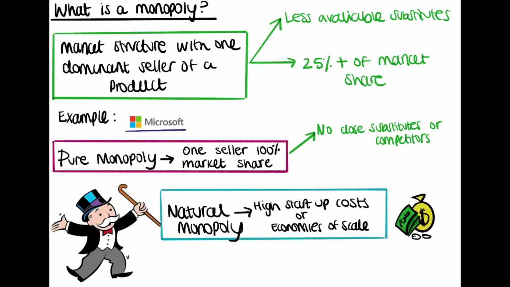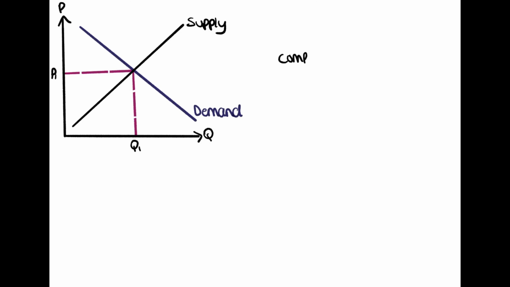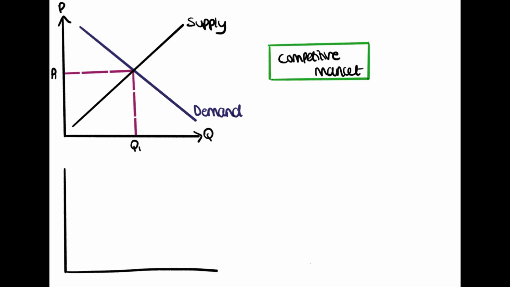Another characteristic of natural monopolies is the presence of economies of scale. And this is the idea that as output increases, average cost actually begins to fall. Now, the output in a competitive market would be where demand equals supply, and we know this is called the equilibrium point.